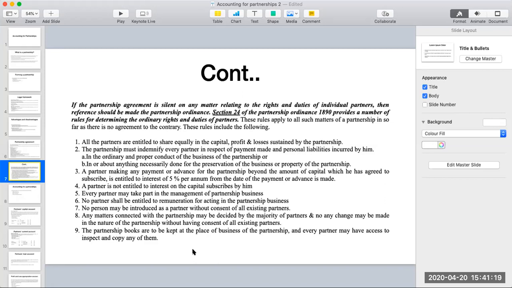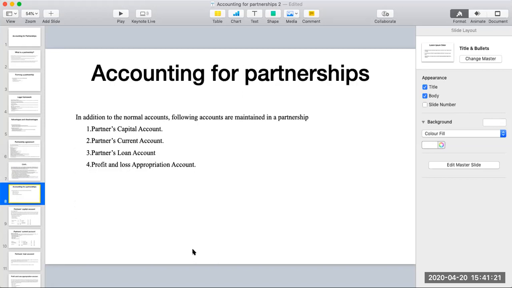Now we'll move on to the main topic of our session, that is accounting for partnerships. In addition to the normal accounts that we prepare, let's say for a sole proprietorship, there are certain accounts which additionally come for partnership businesses.